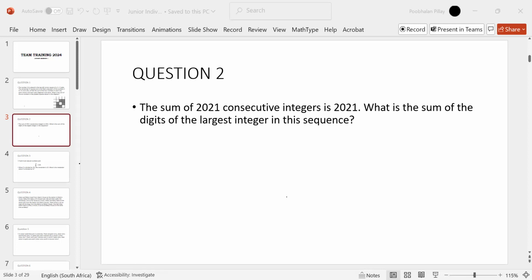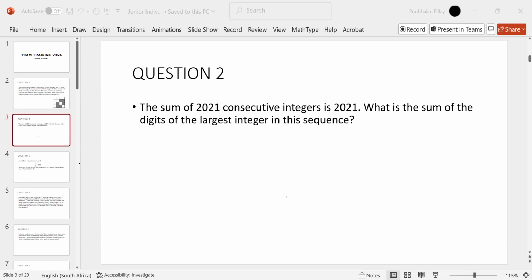And the way to do that is, there is an important formula which is normally given at grade 10 onwards, and it deals with what we call arithmetic sequences.